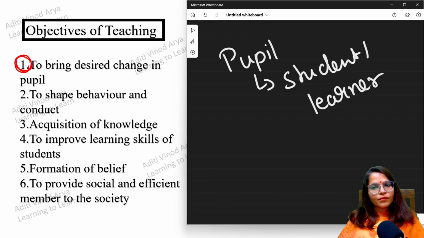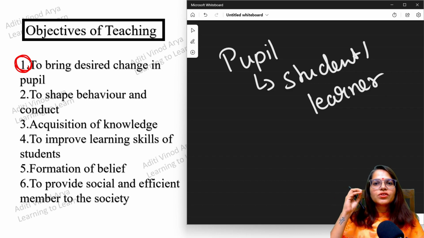This subject is not for me. I will not be able to gain any advantage in this because I am a poor student or because I don't have that cognitive skill. But that is not true. Formation of belief is something which is very, very important. Yes, I do agree it is very close to indoctrination, but here we are not forcing our belief on the child.